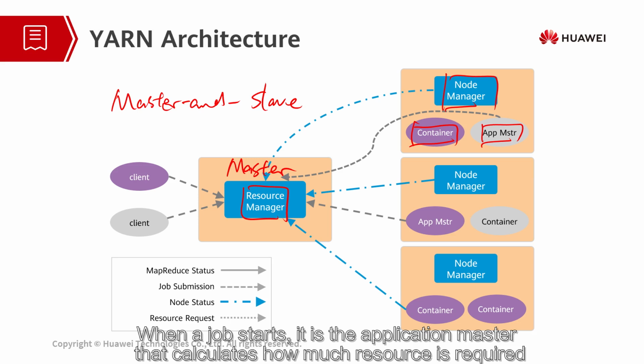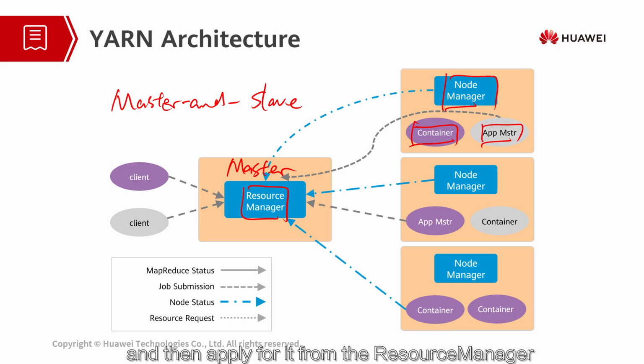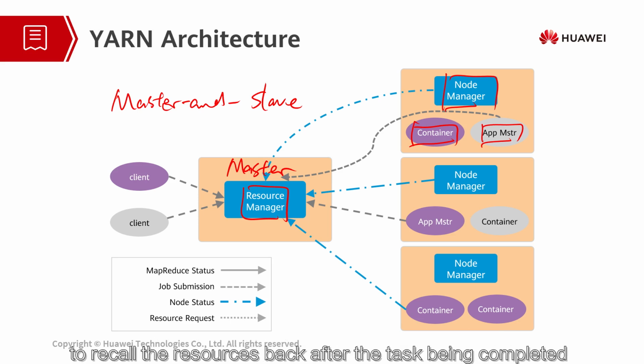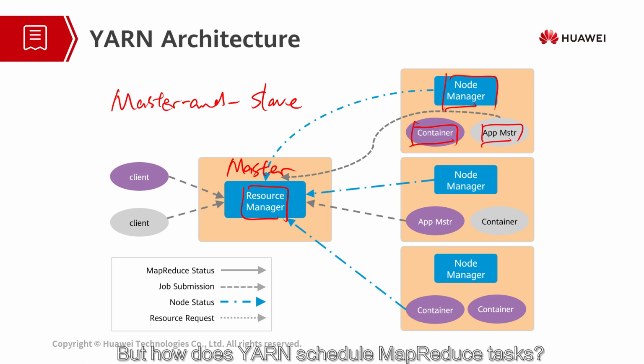When a job starts, it is the Application Master that calculates how much resource is required and then applies for it from Resource Manager. Secondly, it is also the Application Master who notifies the Resource Manager to recall the resources back after the task is completed.